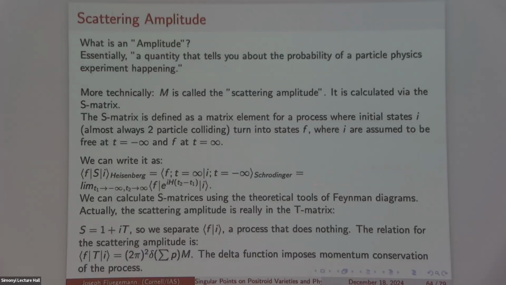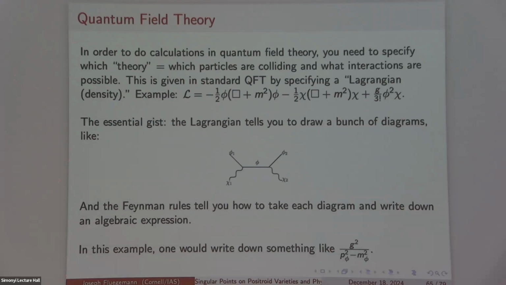Okay, I'm going to jump into some connections that I was thinking about in terms of physics. We're thinking about trying to compute the amplitude. Here are some details about S matrices that I'm going to skip over.